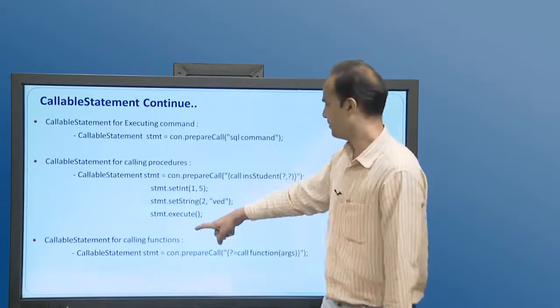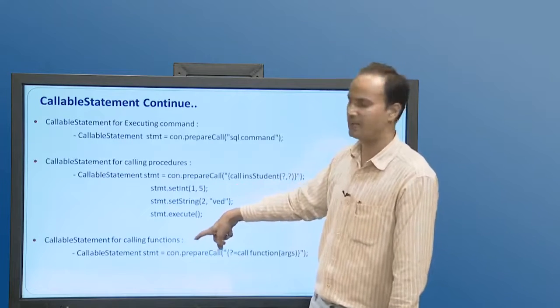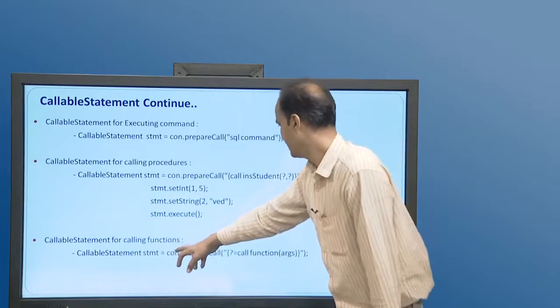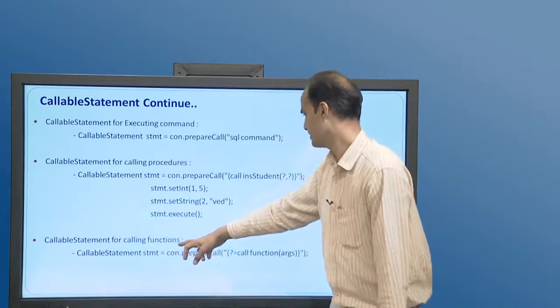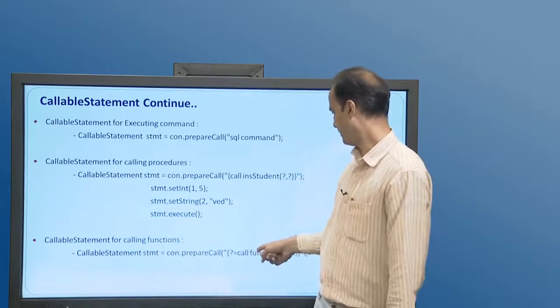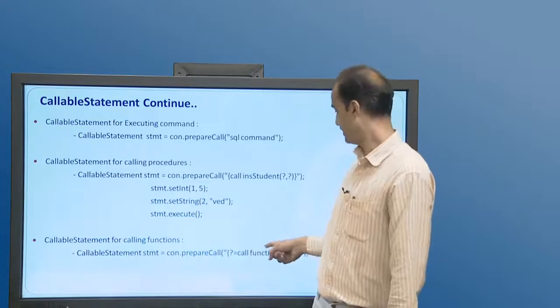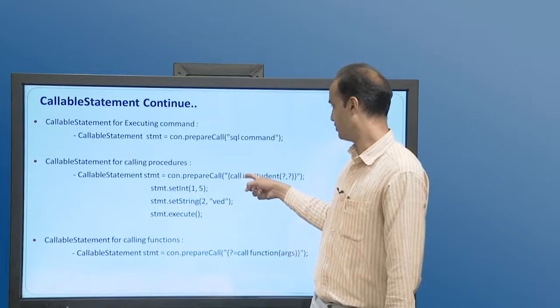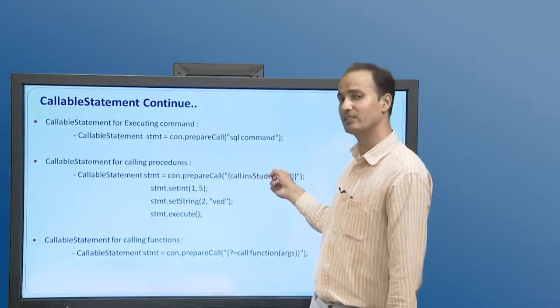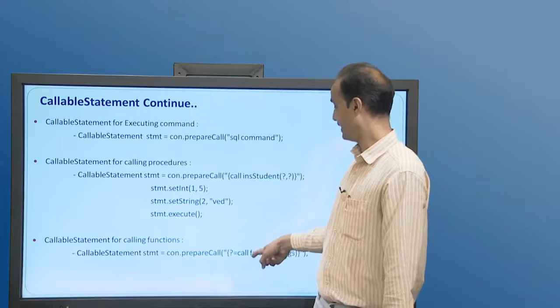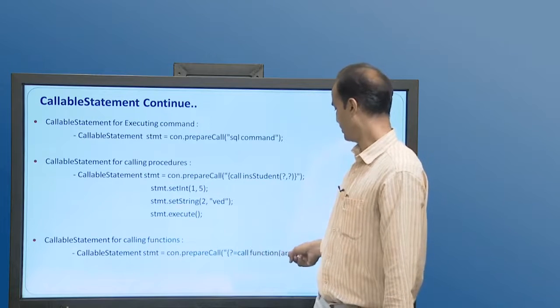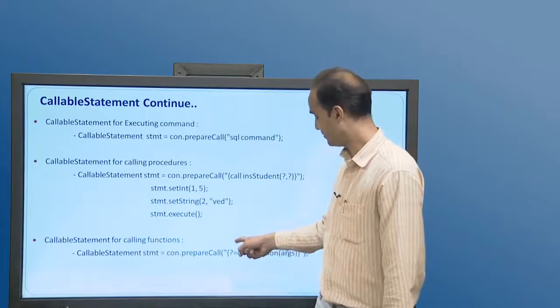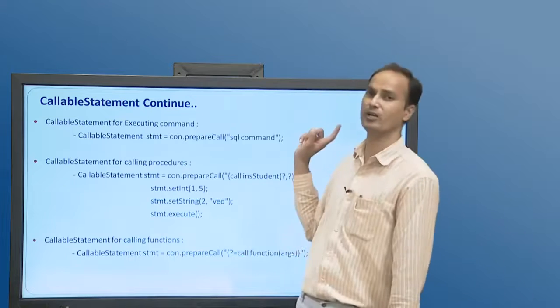And third, if you want to call a function from the database, we create a statement interface instance with connection.prepareCall, and we call the function. See the syntax here. In a stored procedure, we were writing curly brackets and using call. While here we are writing call, the function and arguments, but at the same time we have initially written a question mark and an equals sign.